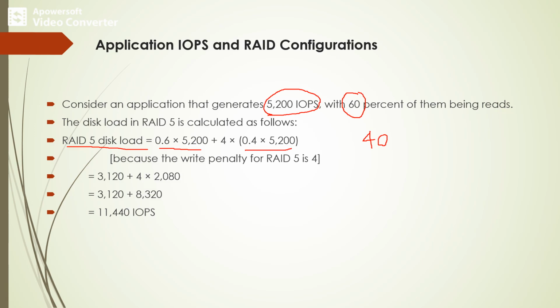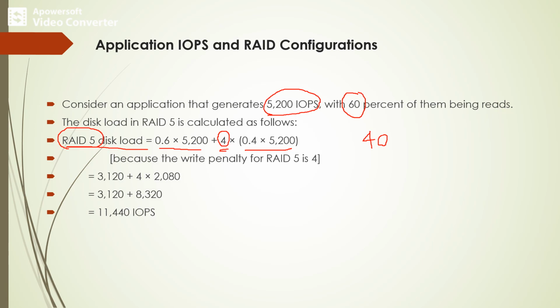Whenever we are calculating the disk load, I'll directly take the write penalty for RAID 5 as 4, so 2 read as well as 2 write operations.